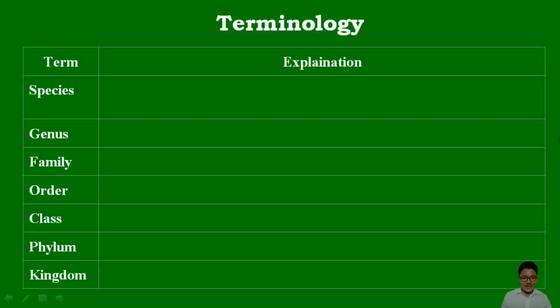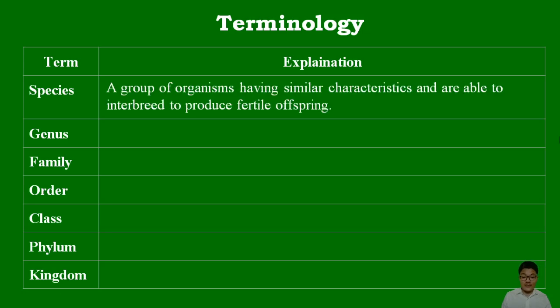Now let's discuss the terms that we were using so far: species, genus, family, order, class, phylum, and kingdom. Species are a group of organisms. We Homo sapiens are a group of organisms having similar characteristics.